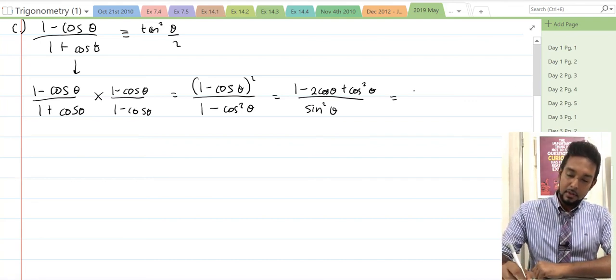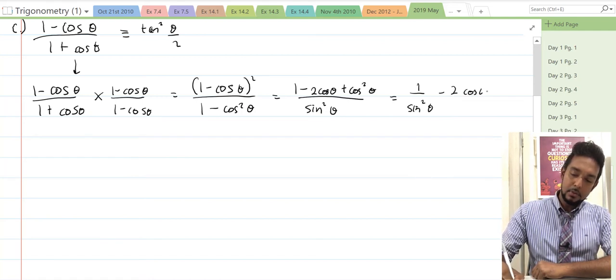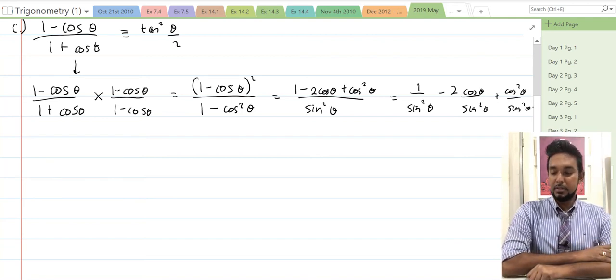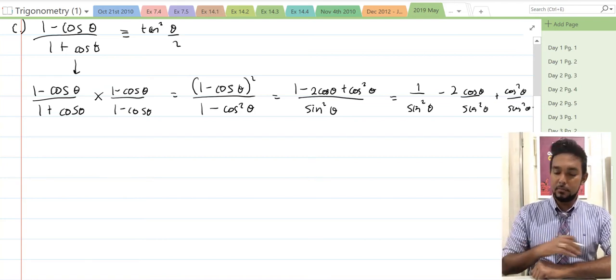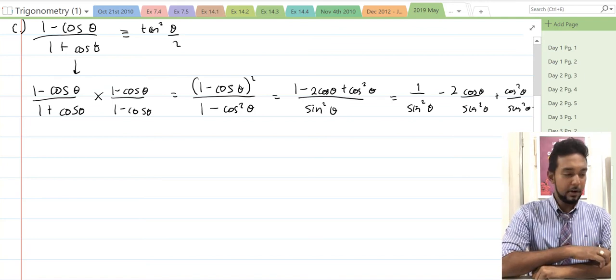If we take 1 over sine squared theta minus 2 cos theta over sine squared theta plus cos squared theta over sine squared theta, well, using our inverted ratios we'd be in luck, because we would simply get cosec squared. Now, cos over sine squared, we can move the sign. I feel like I'm going in the wrong direction here.